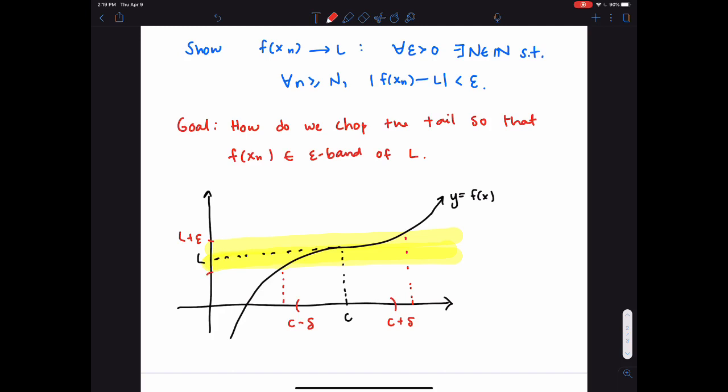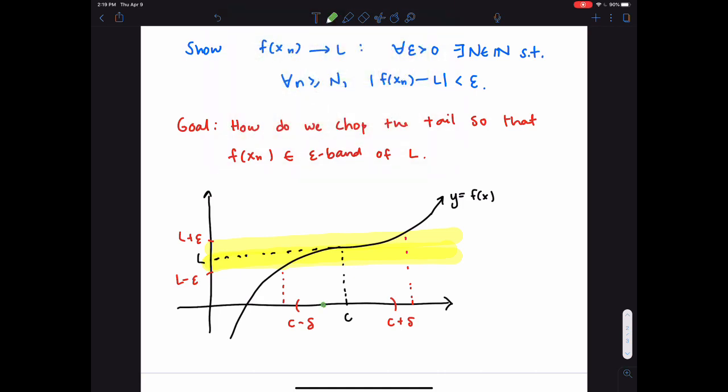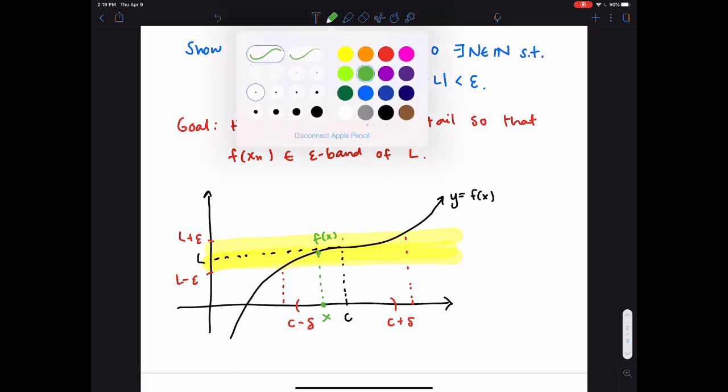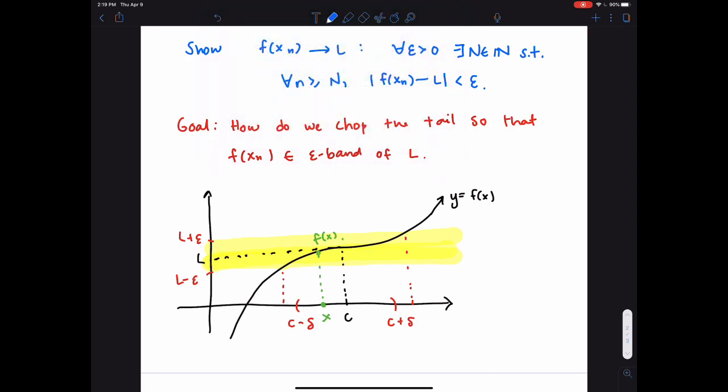So right now, I know, for example, that this delta neighborhood exists. And I know that for that delta neighborhood, any x that I pick in here is going to have to end up here on my graph. What I'm going to do now is introduce an arbitrary sequence of inputs that are going toward c.